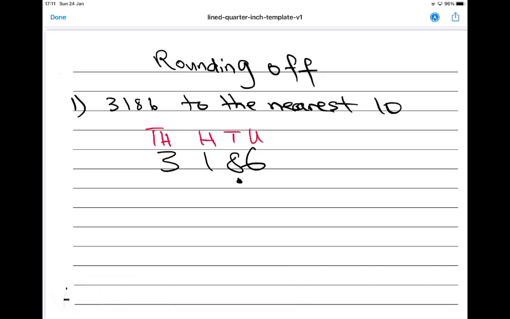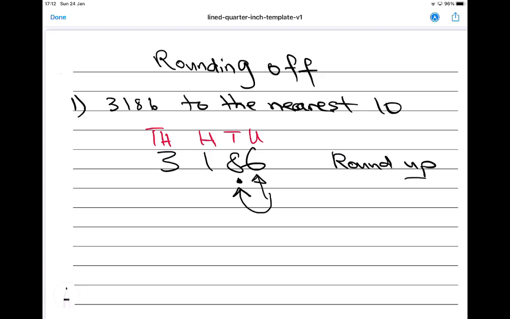But we need to check the unit digit. If the unit digit is equal to 5 or more than 5, then we do what we call round up. And that means if this number here is equal to 5 or greater than 5, then we need to take a 1 and add to the tens digit.